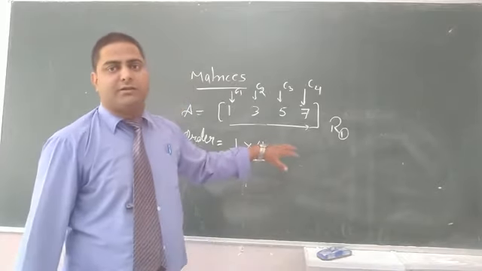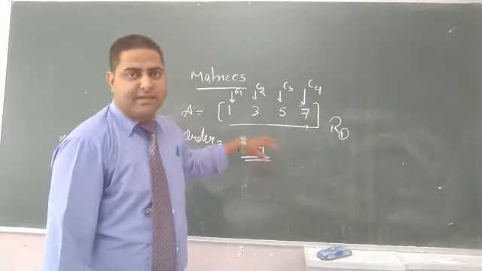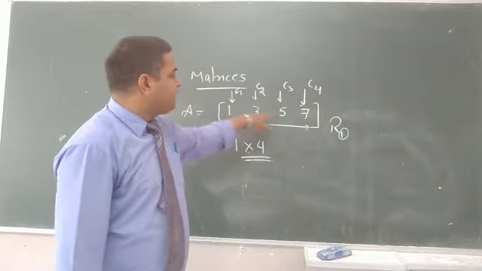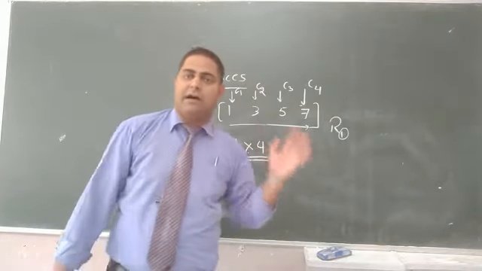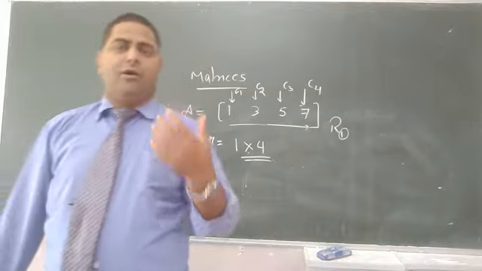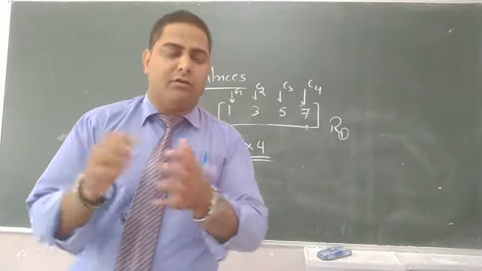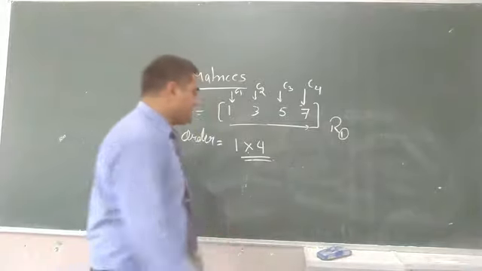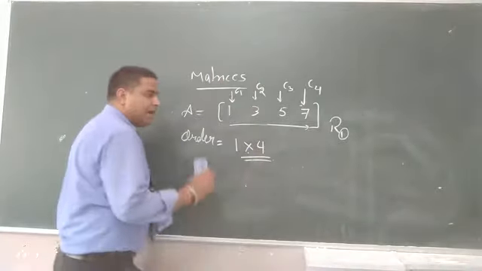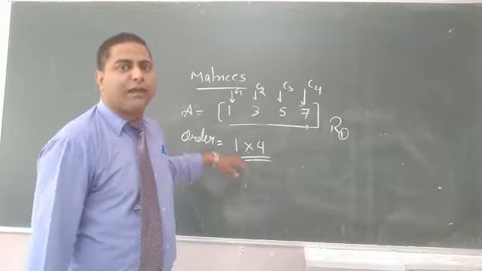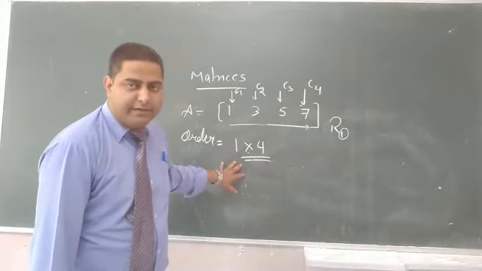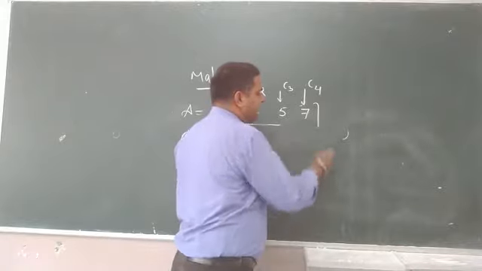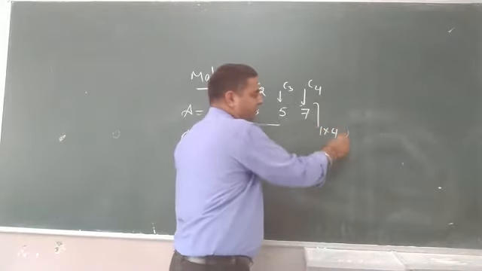And how many members does this matrix have? This matrix has 4 members, right? 1, 3, 5 and 7. What do we call them? Members of a matrix. So this is how to write the order of a matrix. And one thing keep in mind, you can write the matrix order at the bottom, or here. You can write it as 1 into 4.